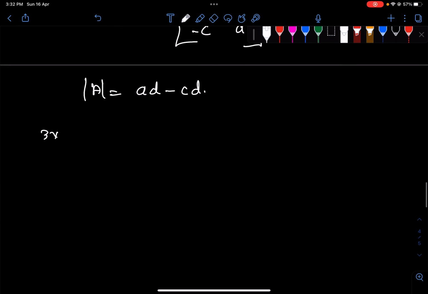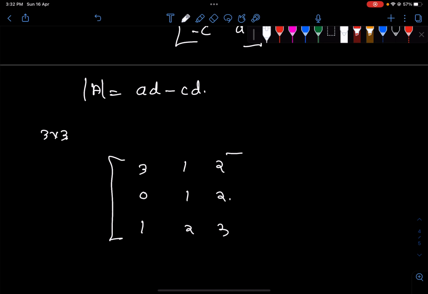For a 3 by 3 matrix, suppose your matrix looks like 3, 1, 2, 0, 1, 2, 3, 1, 2, 3, 4.